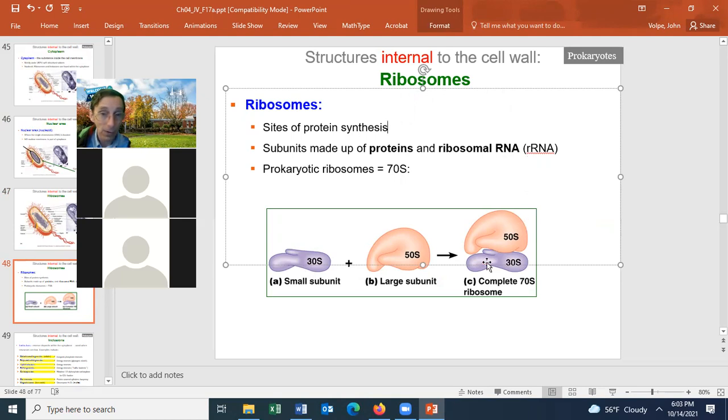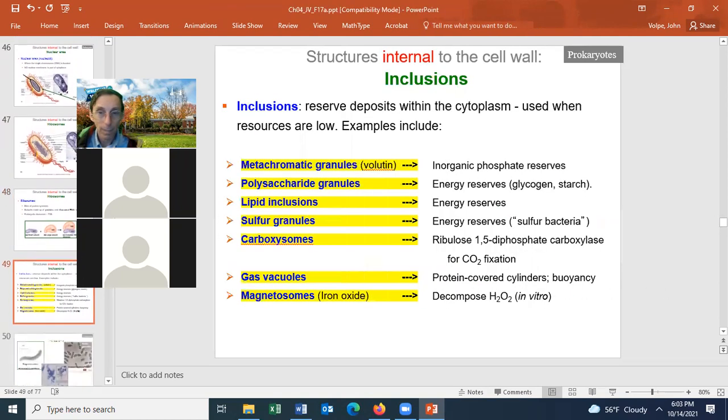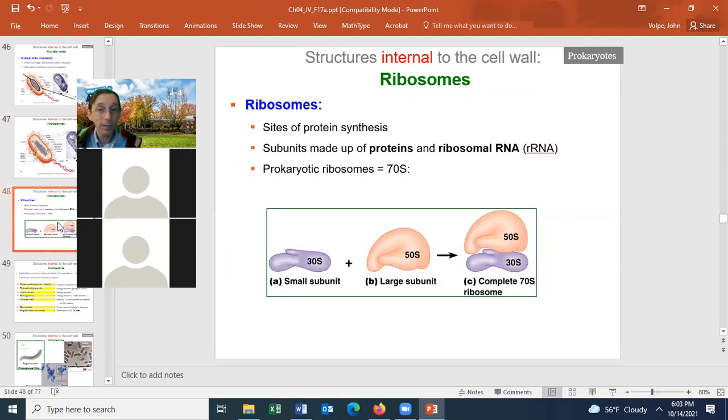I won't ask you the makeup units for the ribosome, but you probably should know that a ribosome is made up of two ribosomal units, okay? And you need both of them to get together to form the ribosome. All right, any question about ribosomes?